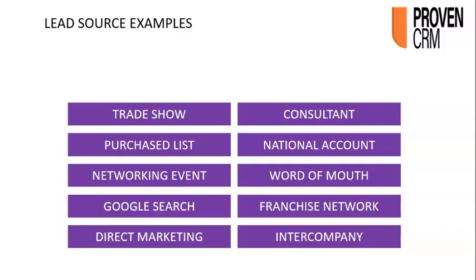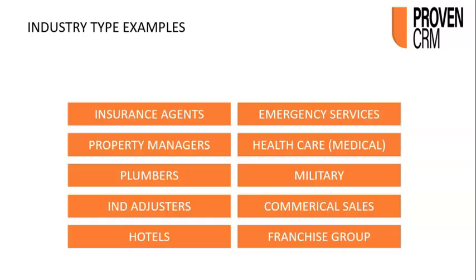We have trade show, networking event, direct marketing, word of mouth as examples. And here are some examples of industry types. We have insurance agents, property managers, plumbers, emergency services, military, etc.